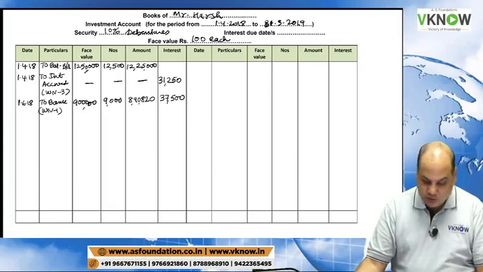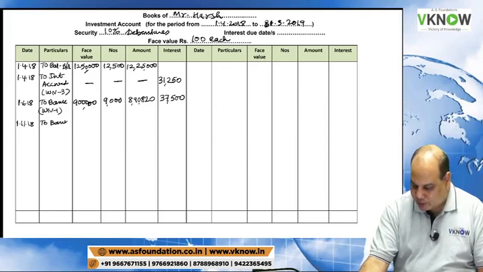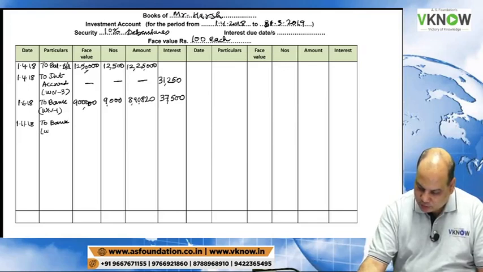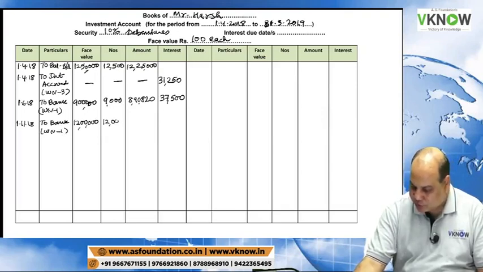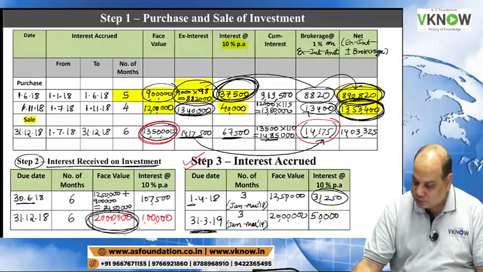There is one more purchase. Write down that also. 1,1118, to bank. Everybody follow me. Again working note 1 only. And you have purchased 12 lakh rupees face value of debenture. Number is 12,000. Go to working note 1.